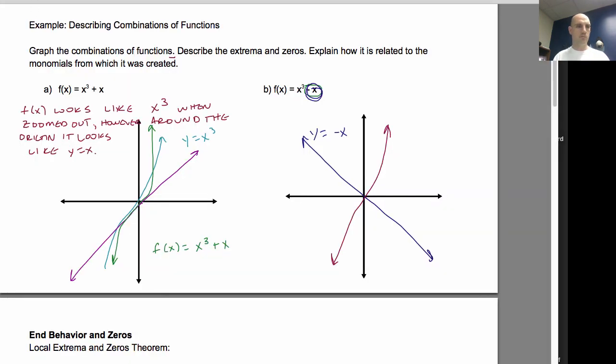let's graph. Use a green color here. It's actually going to be something like pretty close. Okay, so f of x is like x cubed when zoomed out.